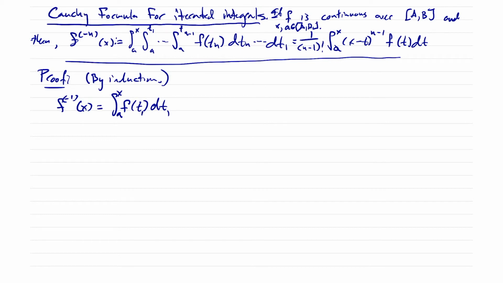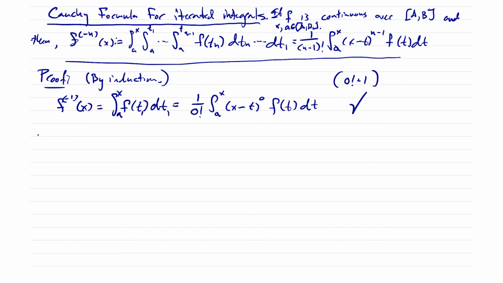But this is the same as saying 1 over 0 factorial times the integral from a to x of (x minus t)^0 times f(t) dt. 0 factorial is equal to 1 by convention, and so the base case is established.